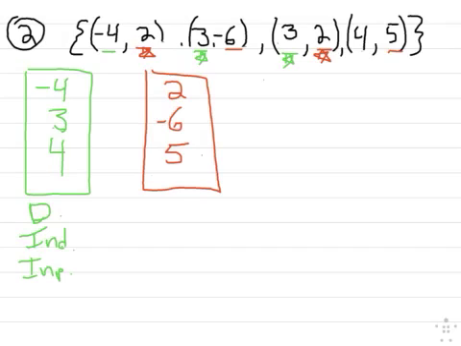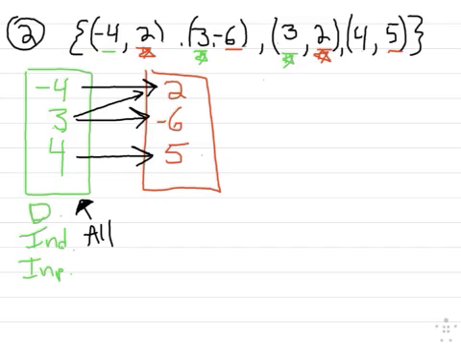Okay, so let's draw our relation. -4 maps to 2. Good. 3 maps to -6. Nice. 3 maps to 2. And 4 maps to 5. So our question is, do all of the elements in the domain map to exactly 1 element in the range?